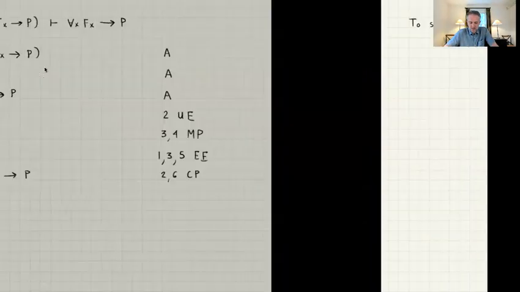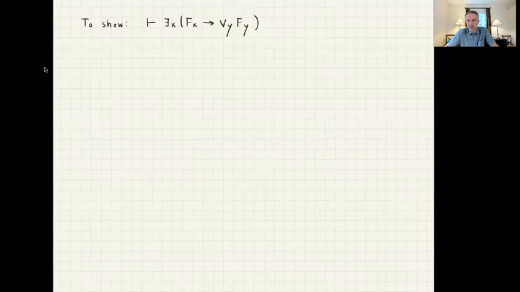Okay, so on to the last example from this session, and that's a tautology. What we're going to show now is this claim: there is something such that if it's F, then everything is F. I really like this proof because it's actually very counterintuitive. It's true no matter what F is.